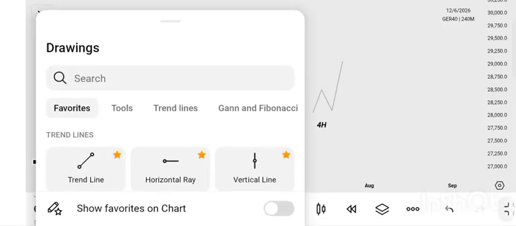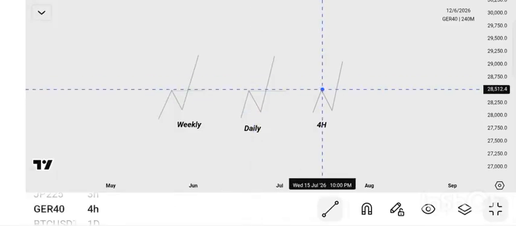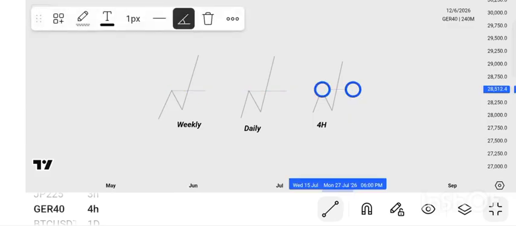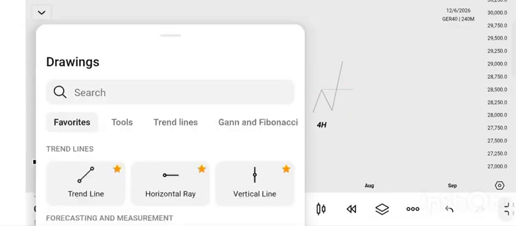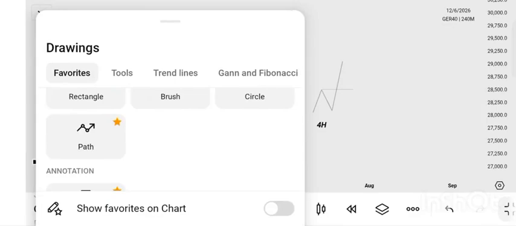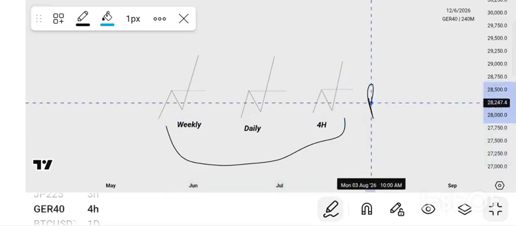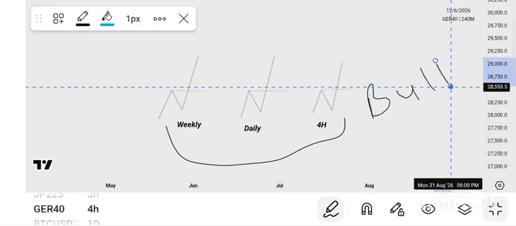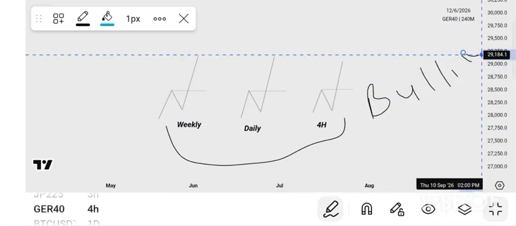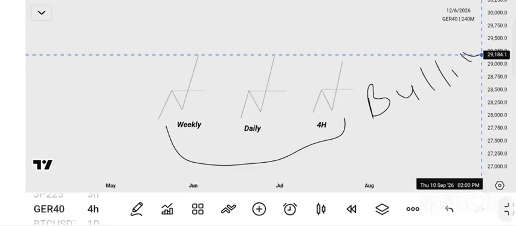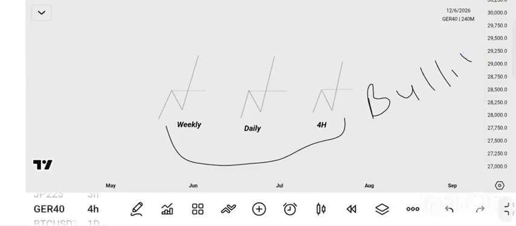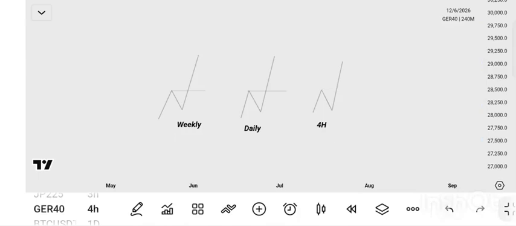The most recent break of structure on the 4 hours time frame is also bullish, meaning from weekly to daily, from weekly to 4 hours, we are bullish. So there's no reason now for you to be selling this kind of a market or pair, because you are already going against the market direction.